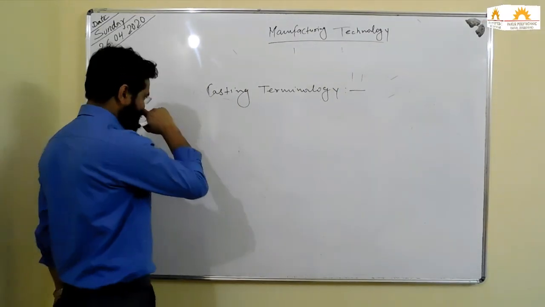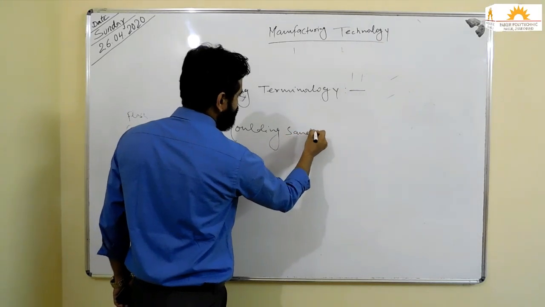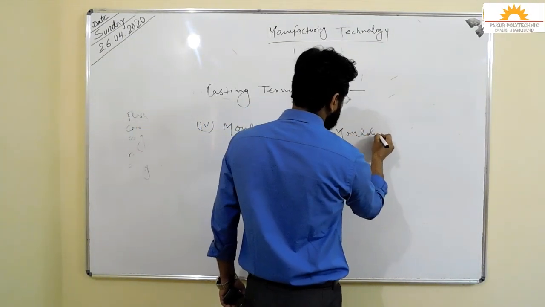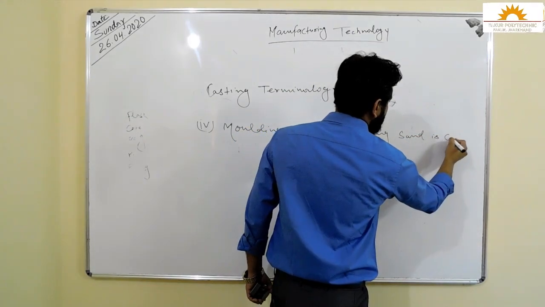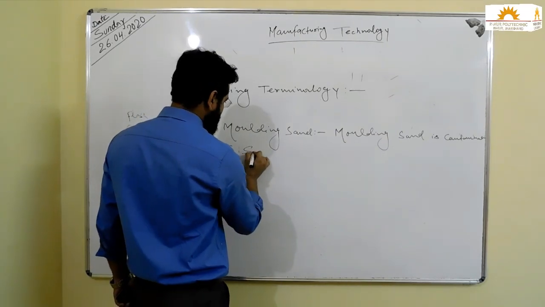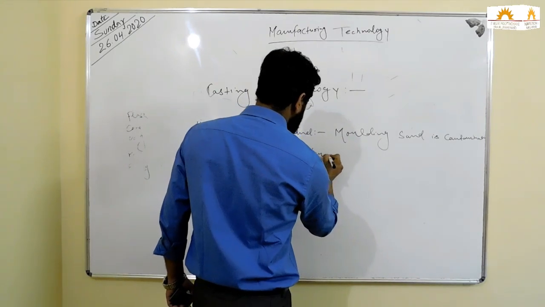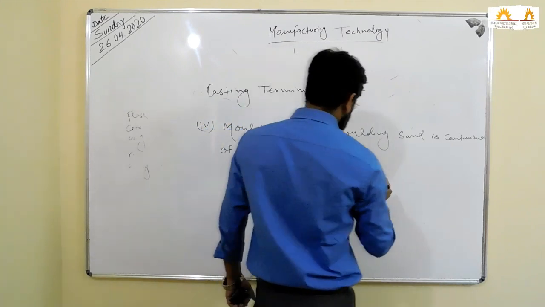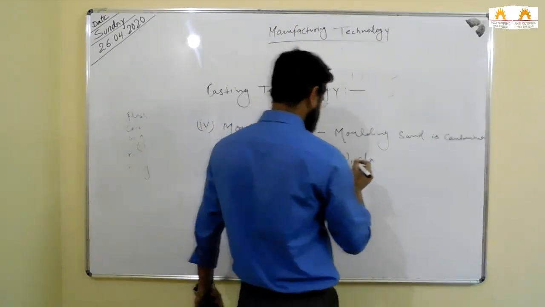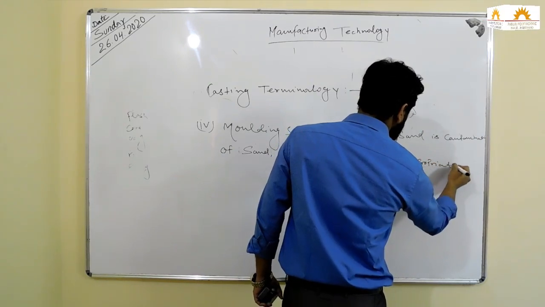Molding sand is actually a combination of sand, water or moisture, and clay in appropriate proportion.